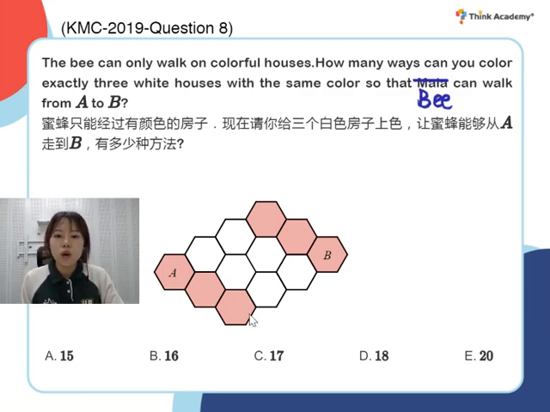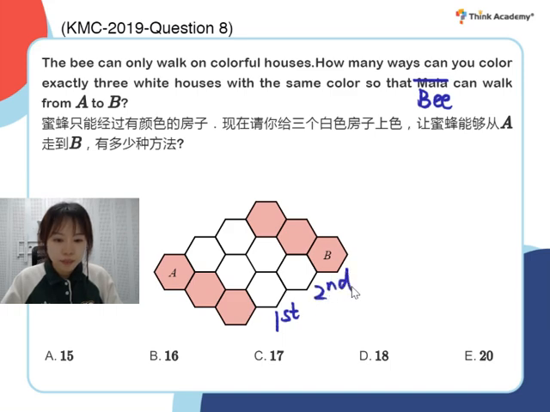Now the bee is on point A. If it wants to go to point B, it definitely has to pass through this layer and also this layer. So we have to color the houses in the first layer and also the houses in the second layer. Here is the first layer, here is the second layer.